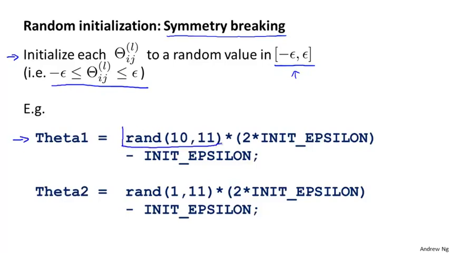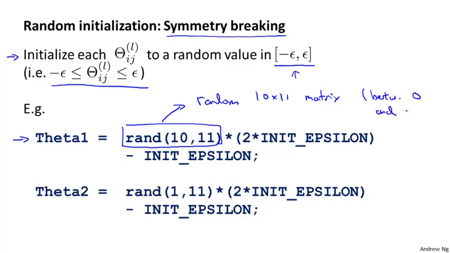So rand(10,11) is how you compute a random 10 by 11 dimensional matrix, and all the values are between 0 and 1. So these are going to be real numbers that take on any continuous values between 0 and 1. And so if you take a number between 0 and 1, multiply it by 2 times init epsilon, then subtract init epsilon, you end up with a number that's between minus epsilon and plus epsilon.